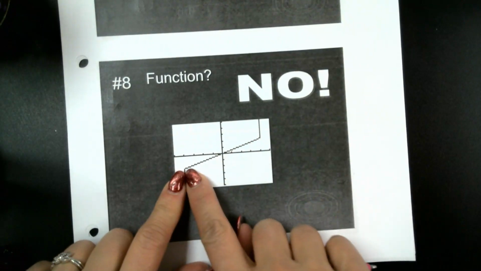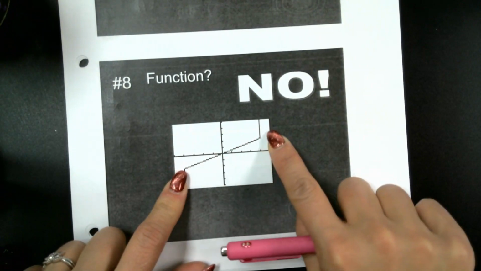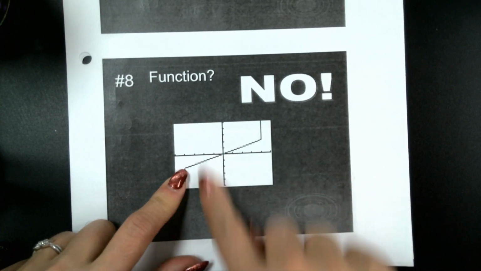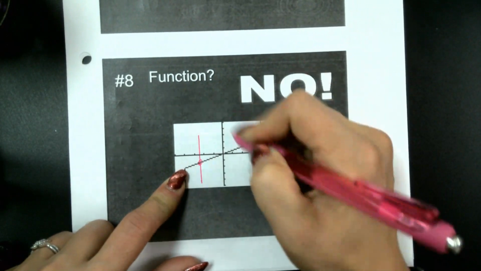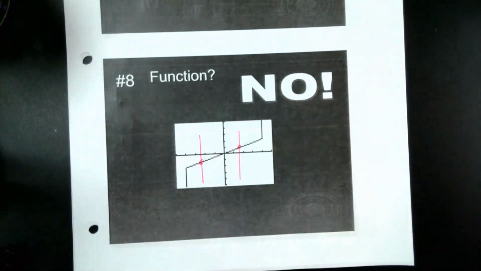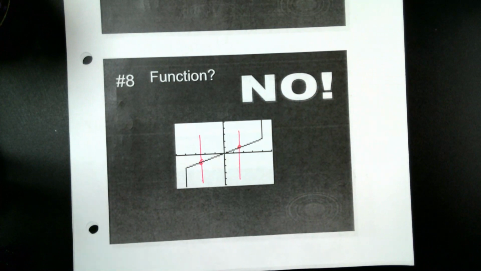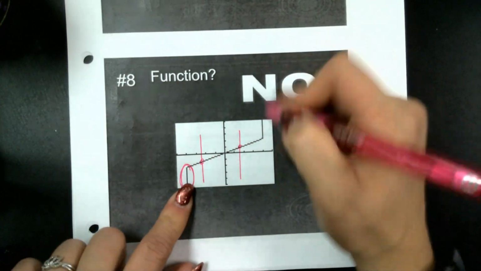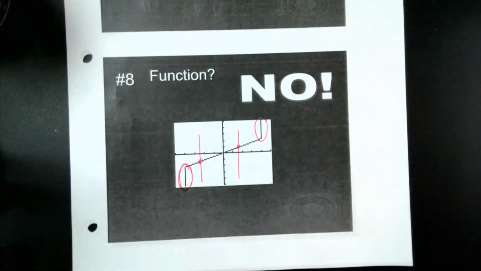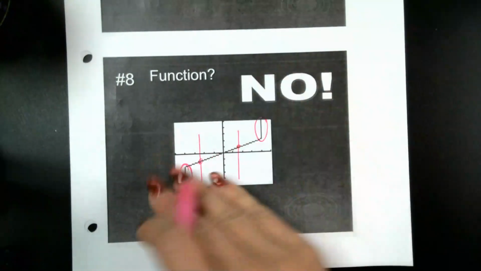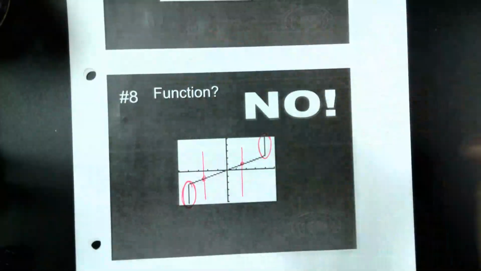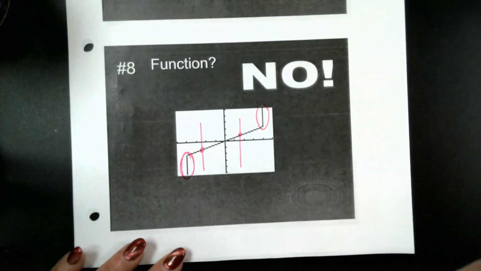This section right here, this diagonal section, isn't that diagonal section okay? Like if I were to draw a vertical line through anywhere in the diagonal part, it would be fine, but what's the problem? Yeah, the vertical part right here at the beginning and that vertical part right there at the end. So this one would be not a function. And it'd be the same reason. We would have at least 2 points falling on the same vertical line.